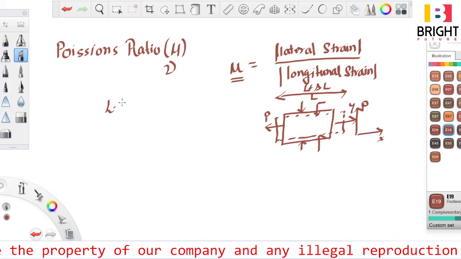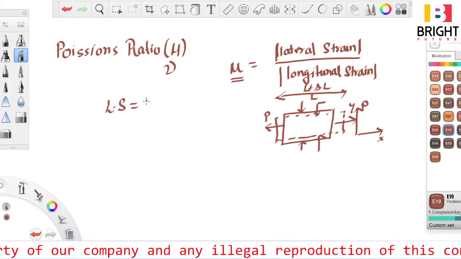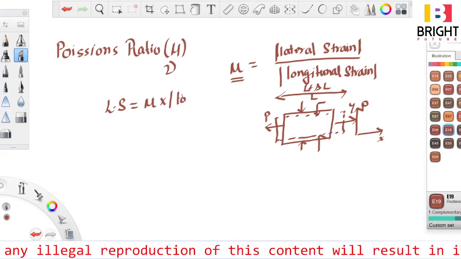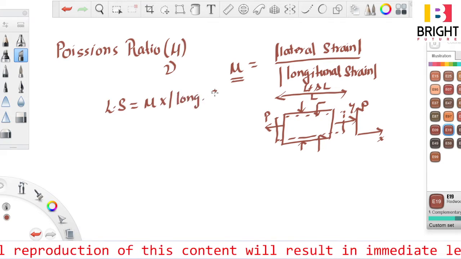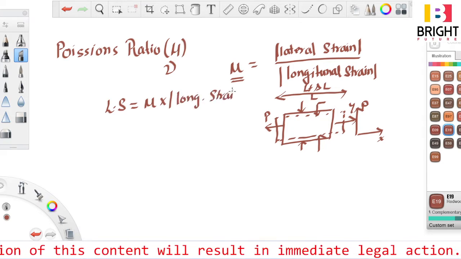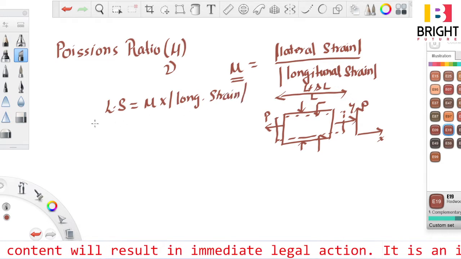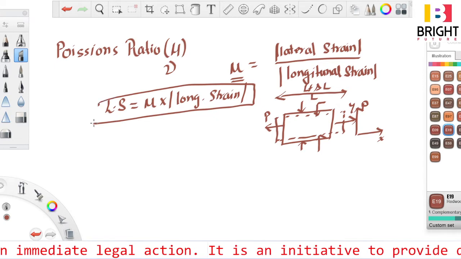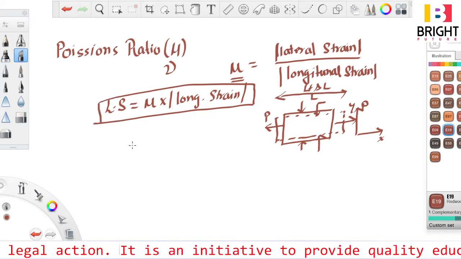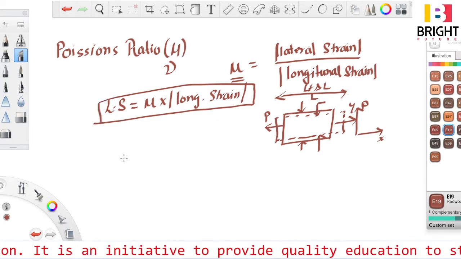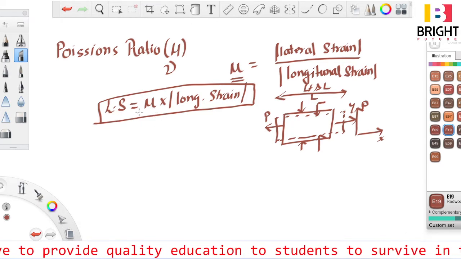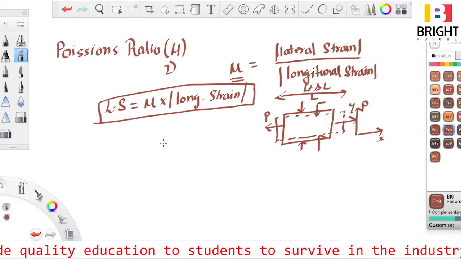Lateral strain, I write it ls, as it will be mu times longitudinal strain, right? So this is the first thing, and this is a very important formula. This formula will be utilized in every expression, right? So now lateral strain is equal to mu times longitudinal strain.